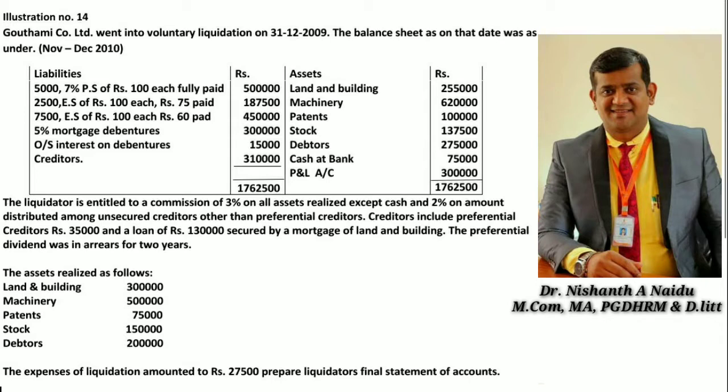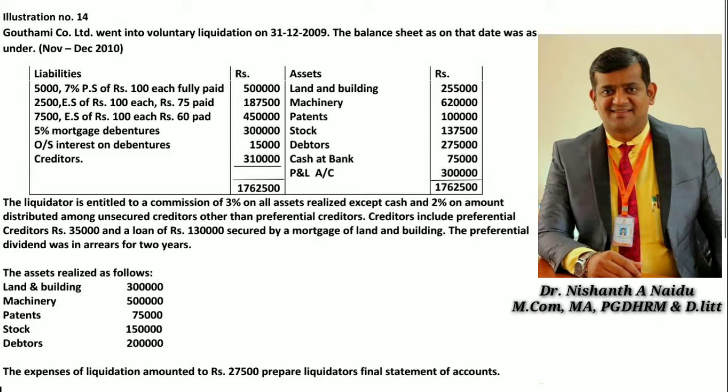The assets realized as follows: land and building 3 lakh, machinery 5 lakh, patent 75,000, stock 1,50,000, debtors 2 lakh rupees. The expenses of liquidation amounted to rupees 27,500. Prepare liquidator's final statement of accounts.